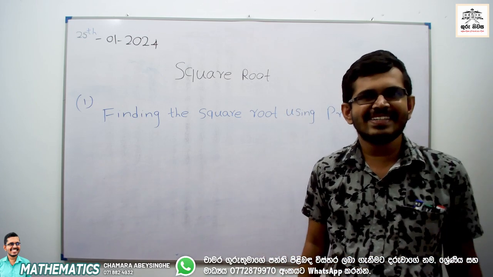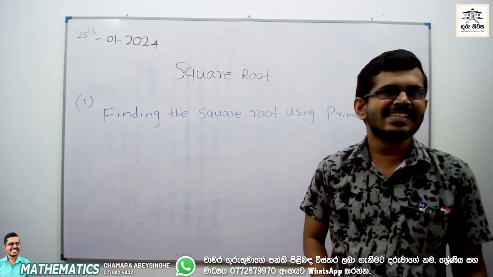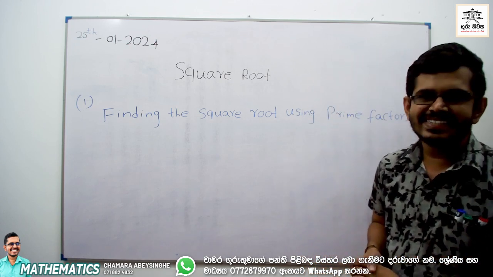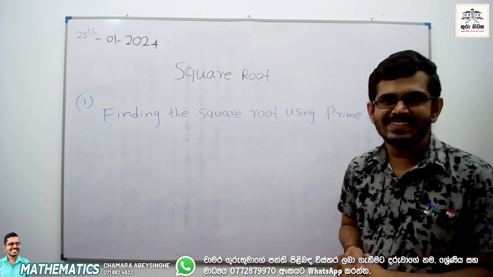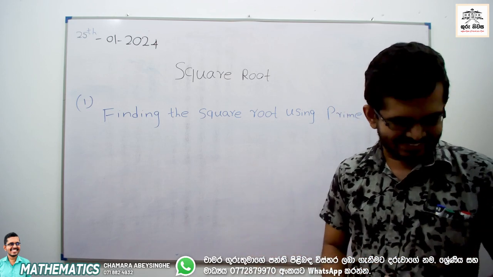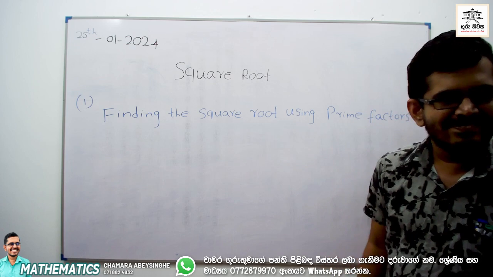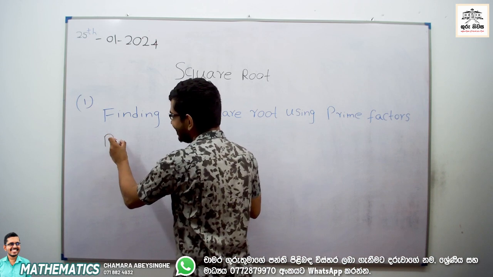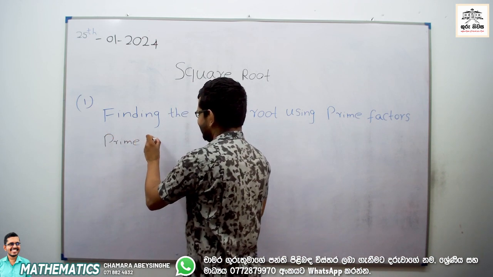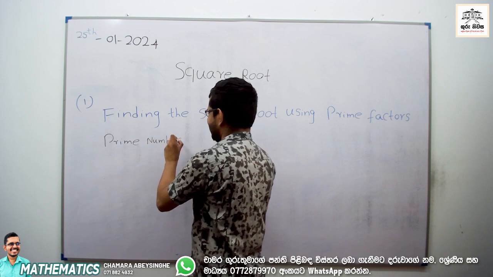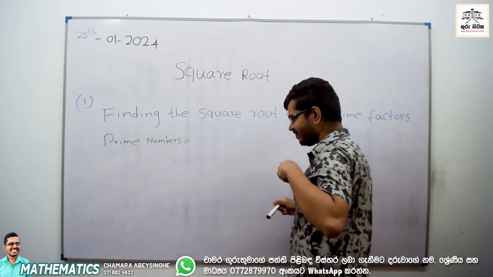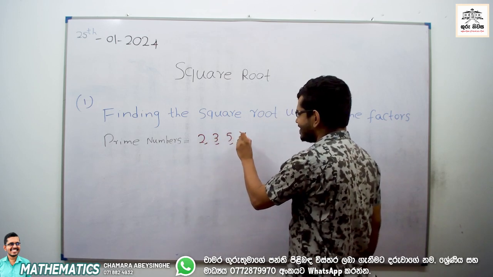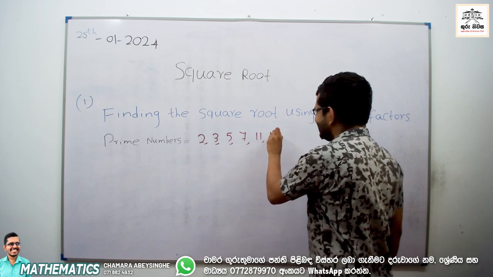If a number has only two factors, meaning it can be divided only by two numbers, we call it a prime number. What are the prime numbers, students? Do you remember? Prime numbers are 2, 3, 5, 7, 11, 13, like that.